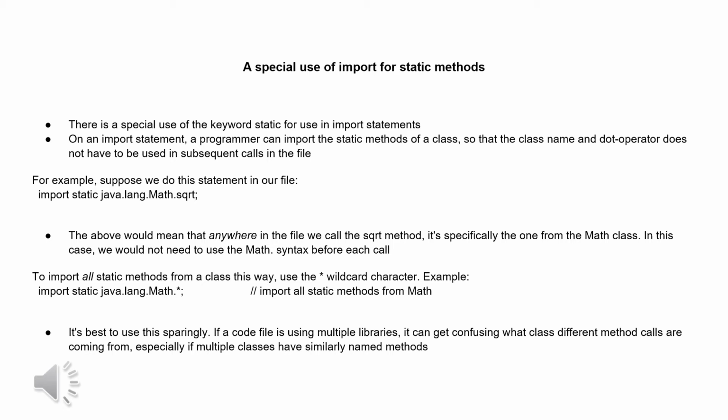The other case is when you need to use, for example, all of the methods of a class. It's very hard to import all of them one by one. There should be a way to import all of them at once. But how? By using the star wildcard character.